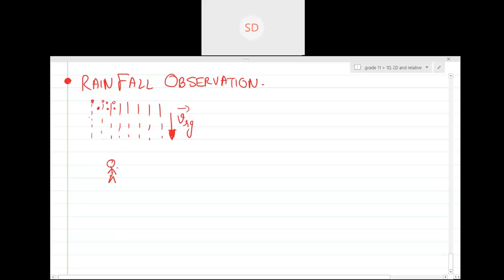Have you observed this particular thing when this man starts moving in this particular direction? Have you seen the rain looks like it is falling like this? That's from the man's point of view. When the man starts running with a certain velocity, the velocity of man with respect to ground is like this, VBG.